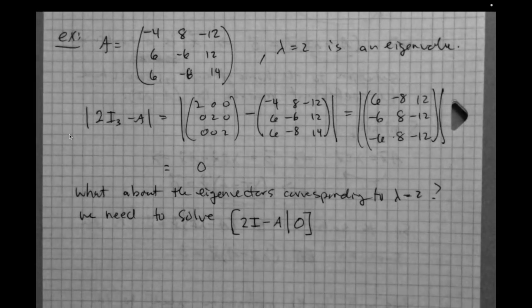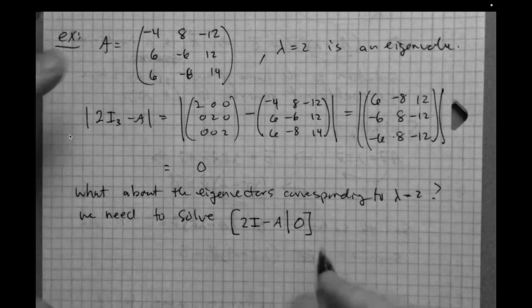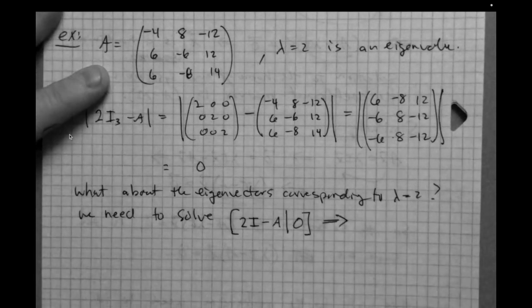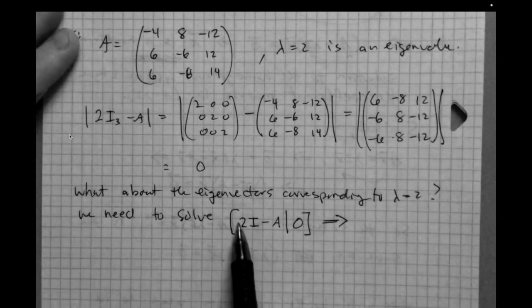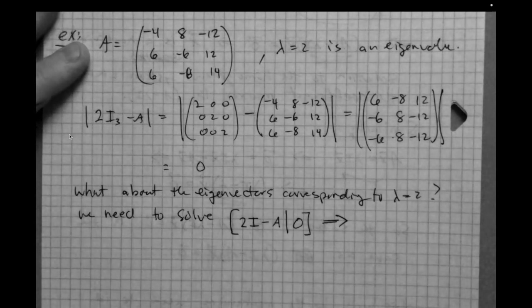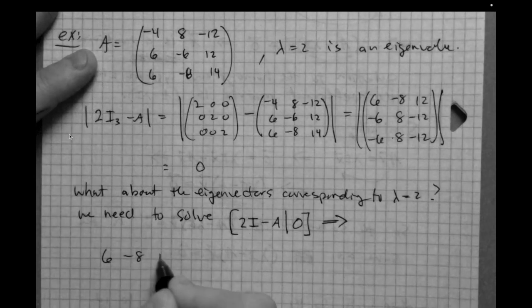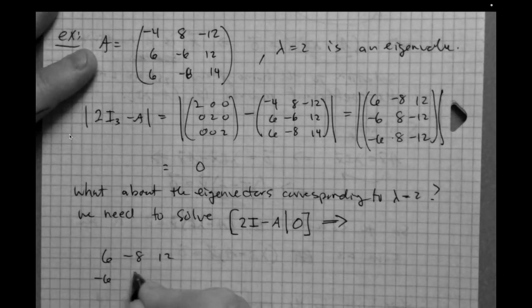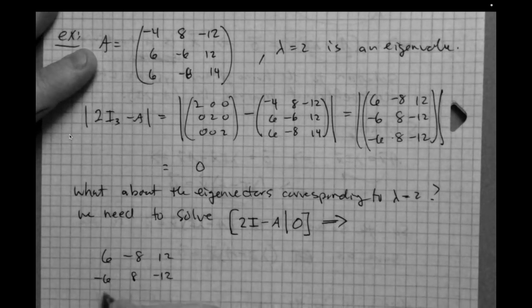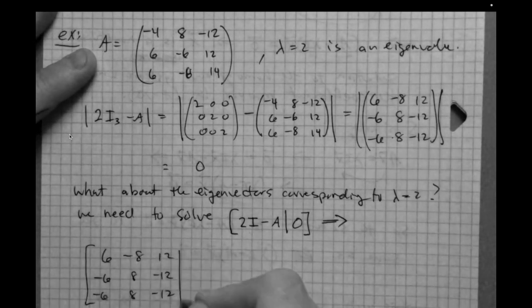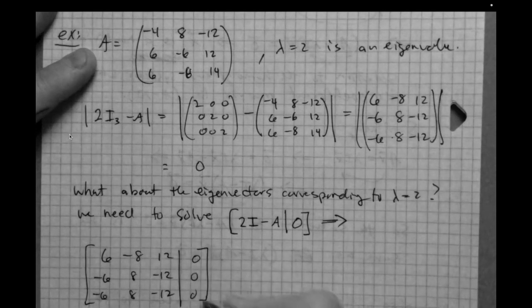So it's a homogeneous system. We know what 2I minus A looks like. So you've got 6, -8, 12, -6, 8, -12, and then -6, 8, -12 again, and then 0, 0, 0.